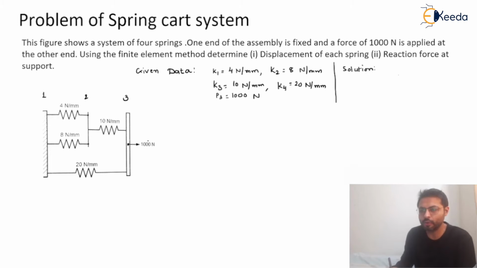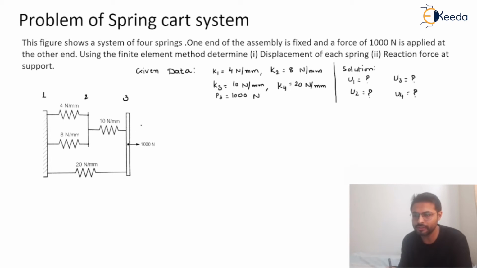Applying this force, we need to find the deflection or displacement of each spring, U1, U2, U3 and U4. Due to this force, there will also be a reaction force at the support, which we also need to find out. So now you are aware of the problem and what we need to do. Let's start solving it.